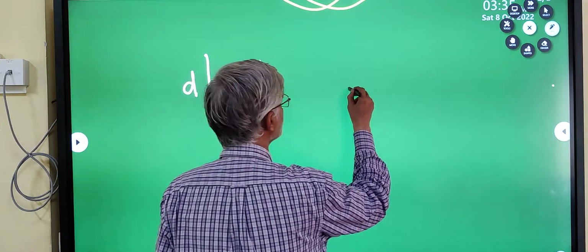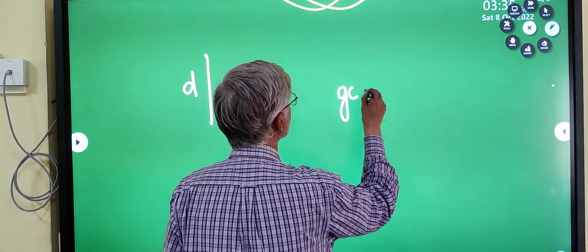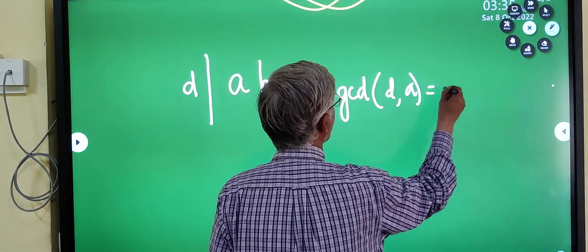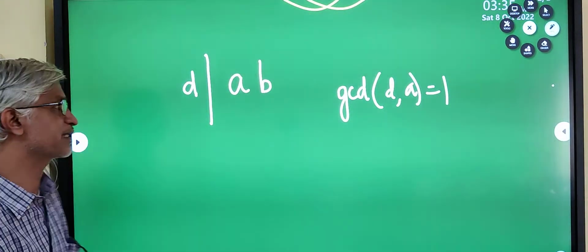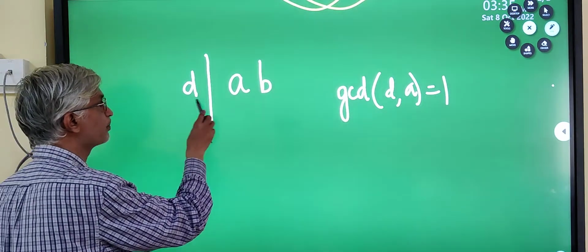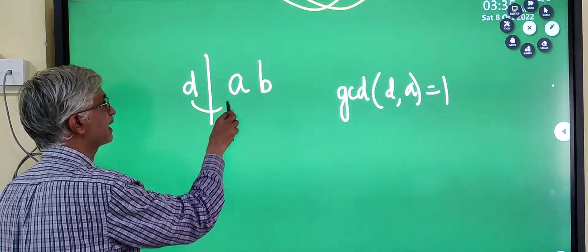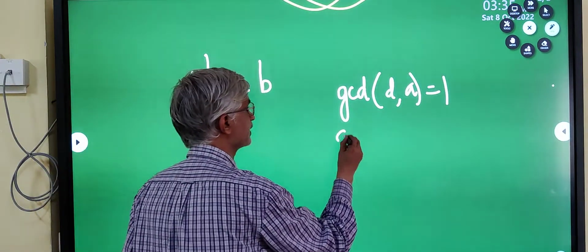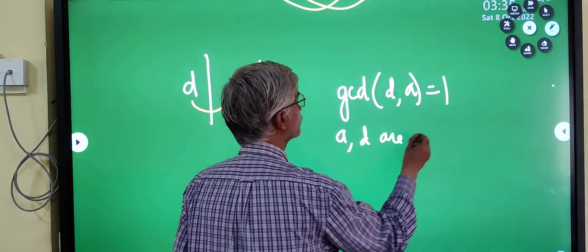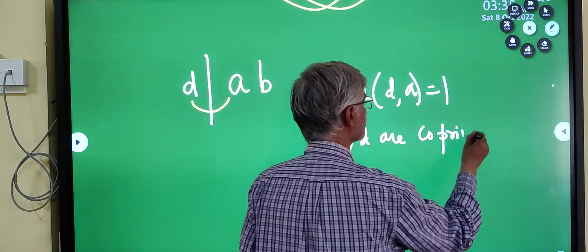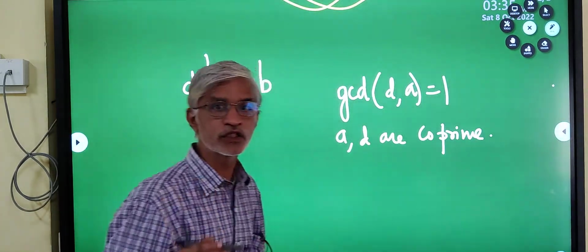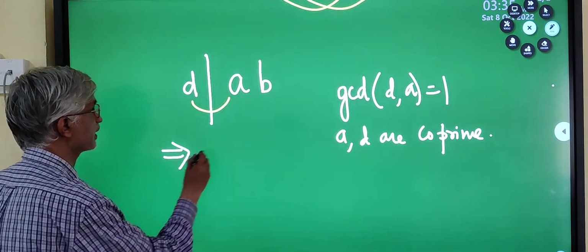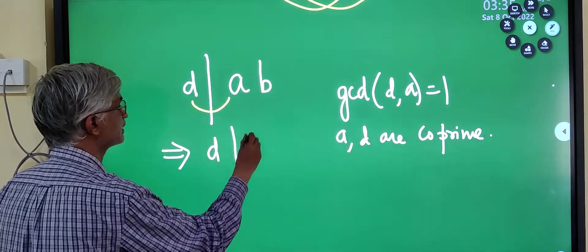Further, if we know that the greatest common divisor of D and A is 1, and what this means is that there are no common factors between D and A. And another way to normally say this is that A and D are co-prime. Now if this happens, we can conclude from here that this implies D divides B.